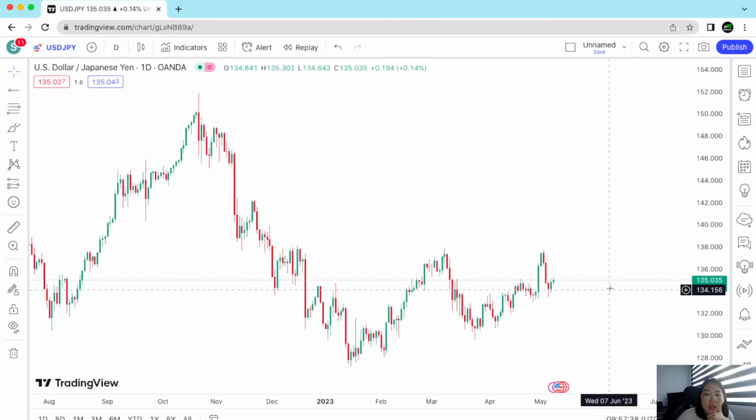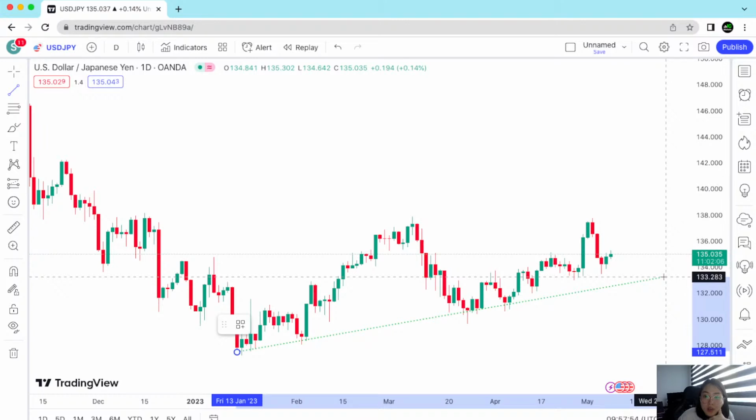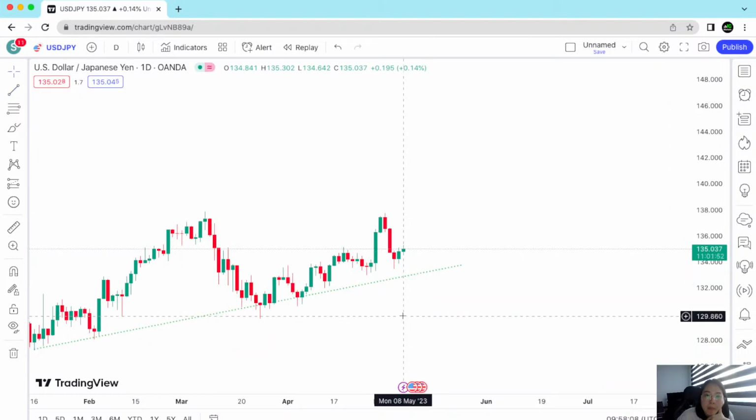If I pull out the trend line, I should be able to draw a very nice trend line. Yep, this is a very nice trend line. So I am biased that price is going up.